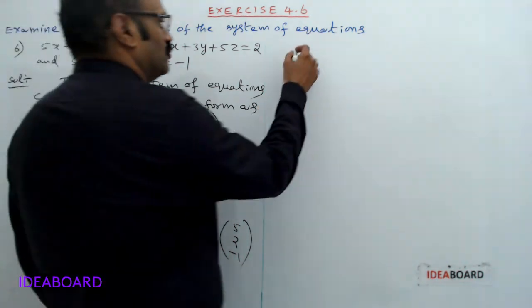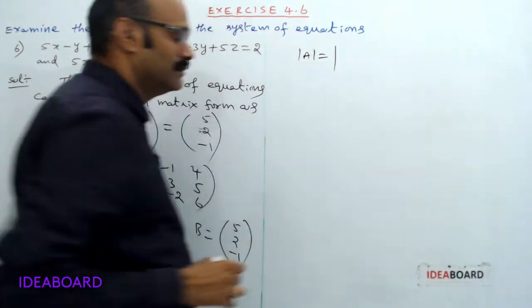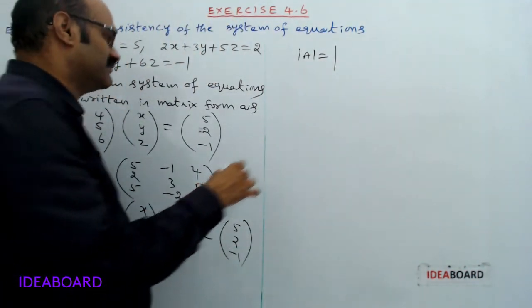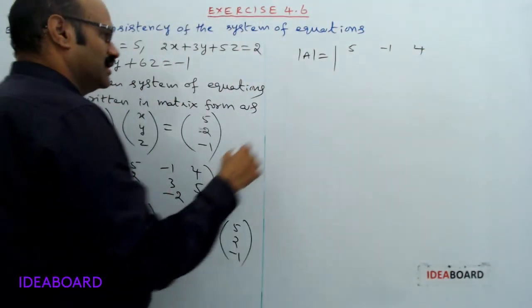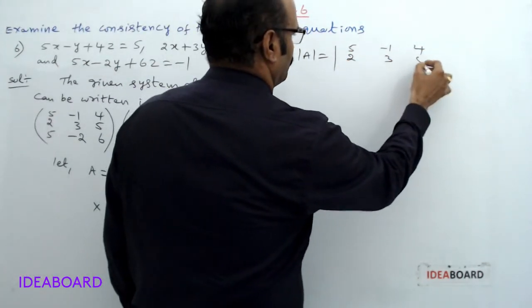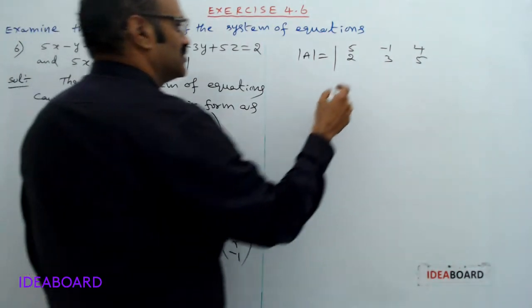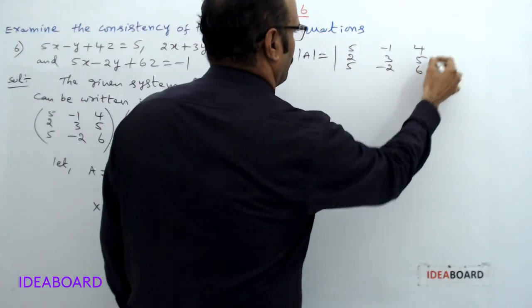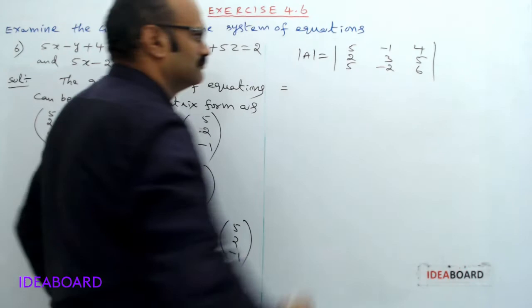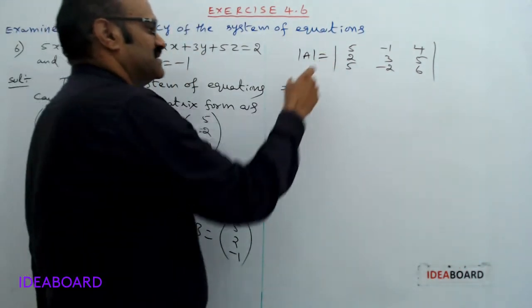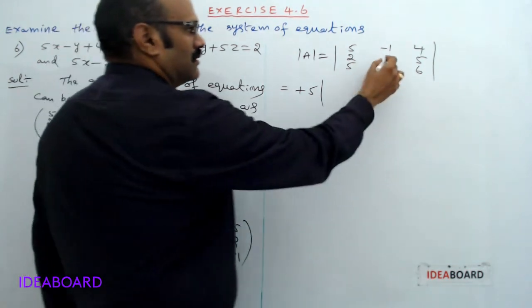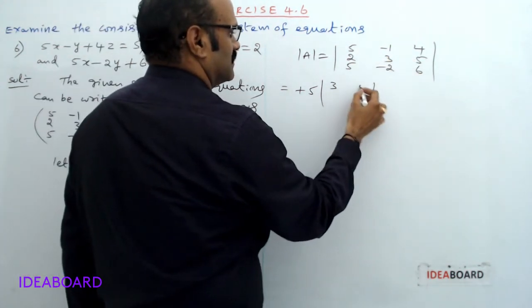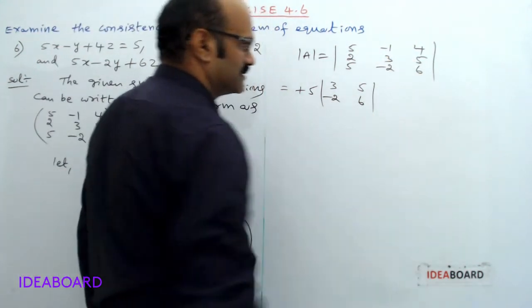Now, det A equals determinant of 5, minus 1, 4, 2, 3, 5, 5, minus 2, 6, equal to plus 5 into determinant of 3, 5, minus 2, 6.